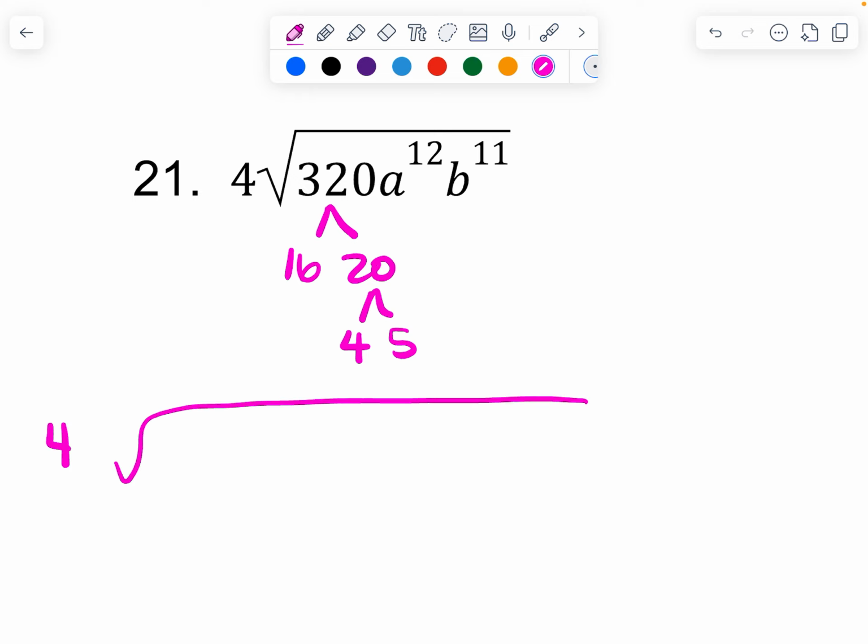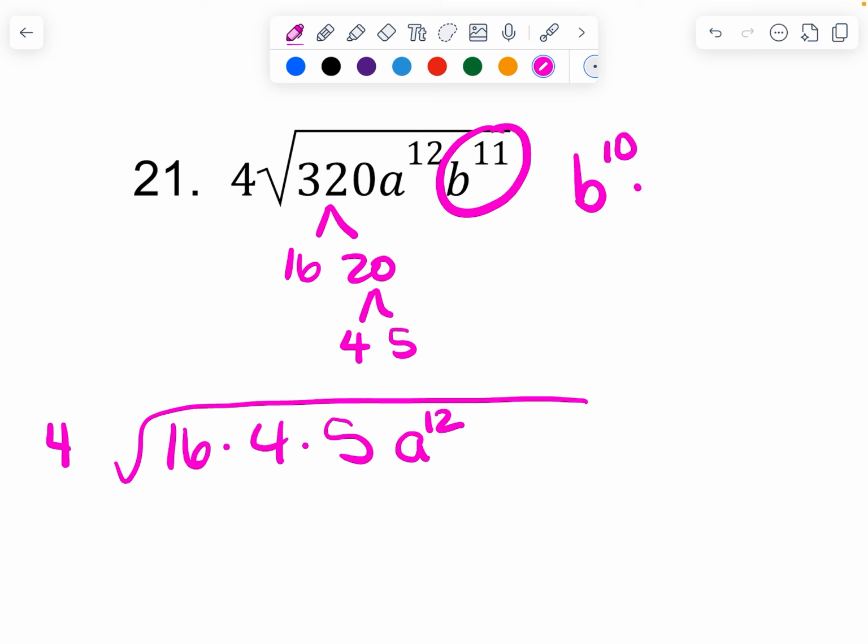I have the square root of 16 times 4 times 5. a to the 12th, that is an even exponent, so we don't need to do anything with it. This, on the other hand, is not an even exponent. We need to make it an even exponent by doing this. So b to the 10th times b.